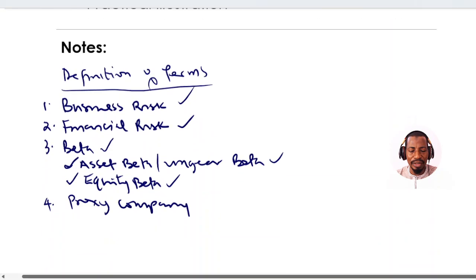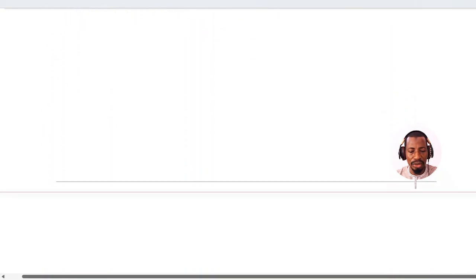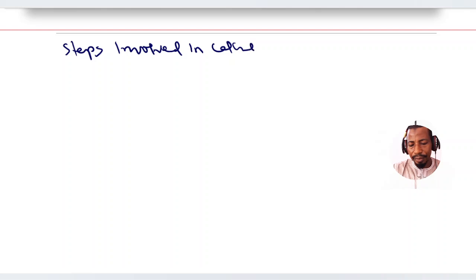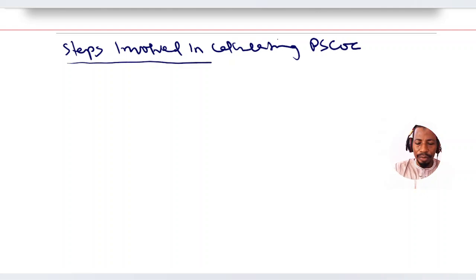There are 5 distinct procedures you are expected to carry out whenever you want to compute project-specific cost of capital. So let's take it one by one. Okay, steps involved in calculating project specific cost of capital. So like I said, there are 5 procedures.